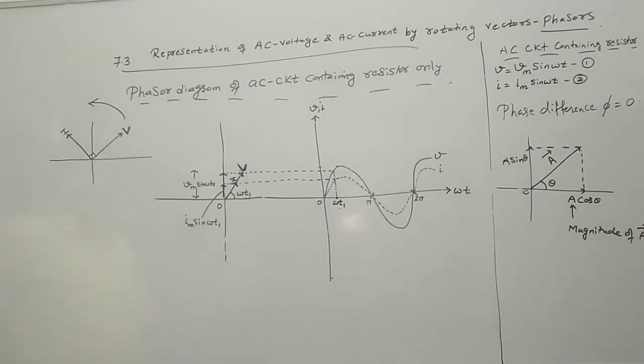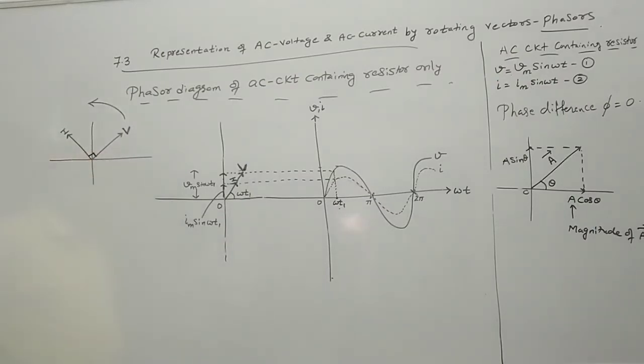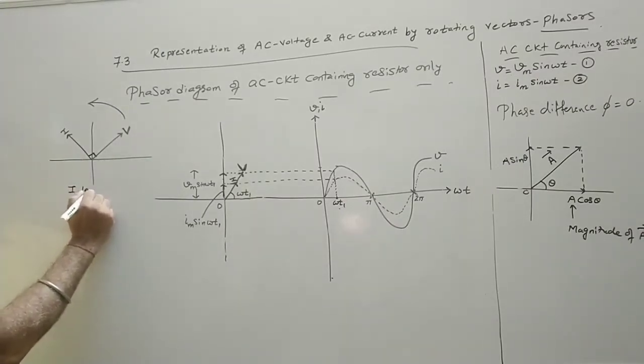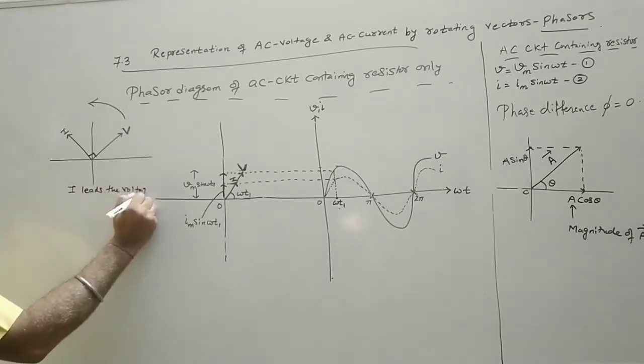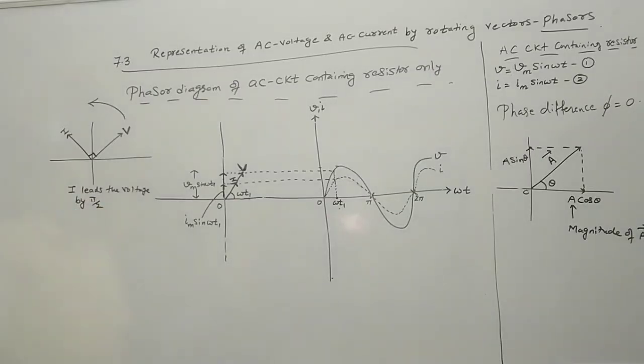So the angle between I and V is 90 degree. In this case, I will say I leads the voltage by pi by 2 radian or 90 degree.